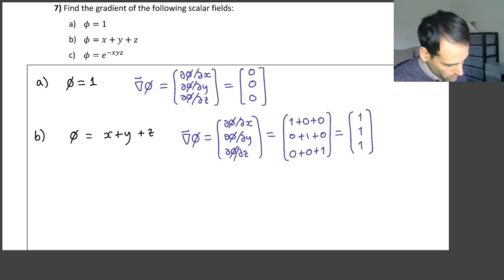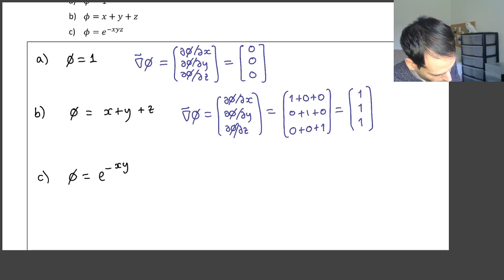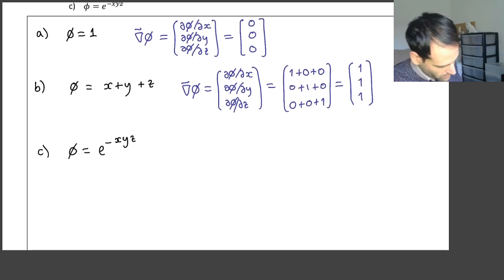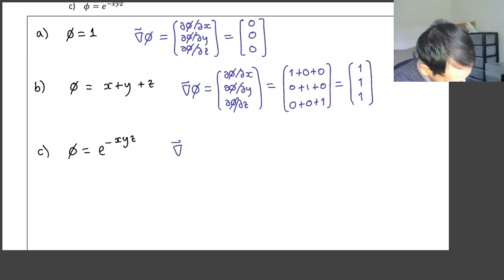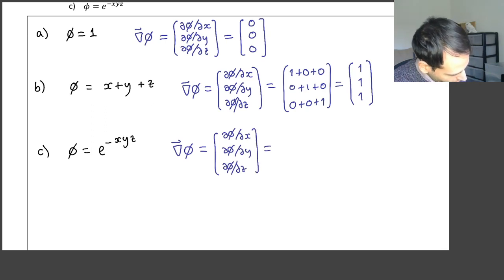Finally, one last example, the exponential of minus x times y times z. Okay? So if we calculate the gradient of this, it is equal to derivative of phi with respect to x, derivative of phi with respect to y, derivative of phi with respect to z. So what's the derivative of this exponential with respect to x?